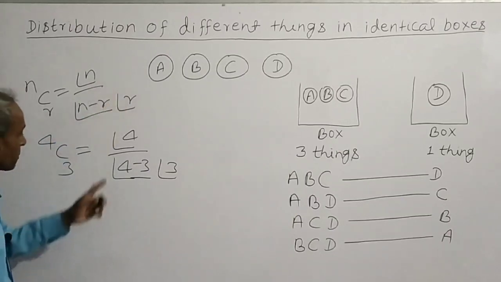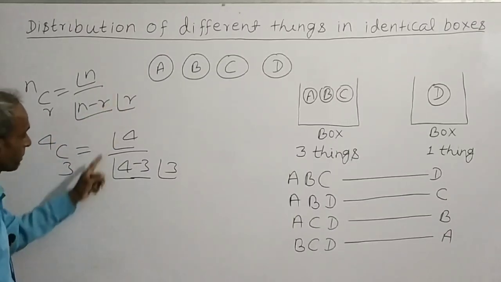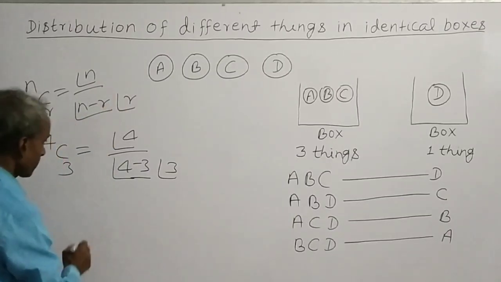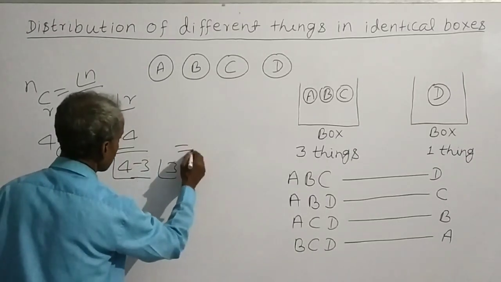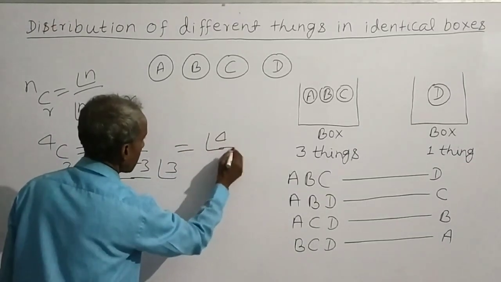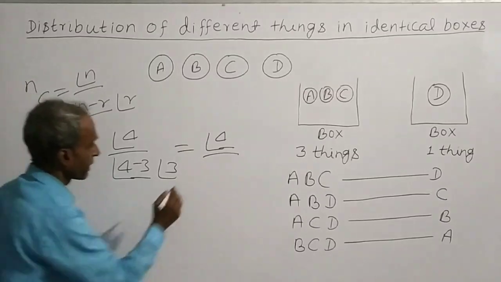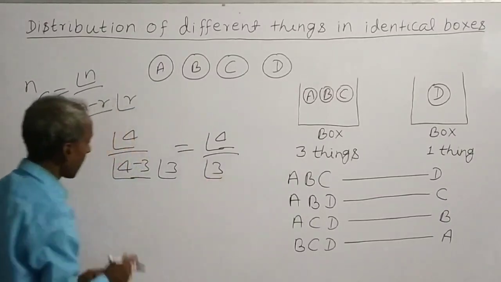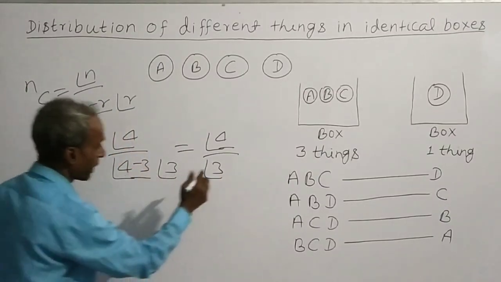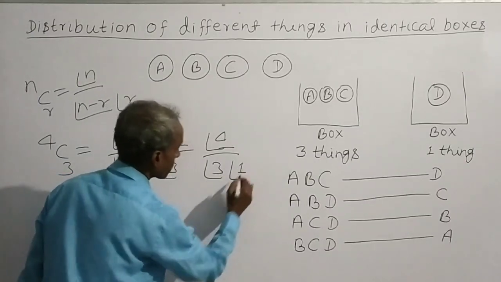By using this formula, 4C3 equals factorial 4 by factorial 3 times factorial 1.